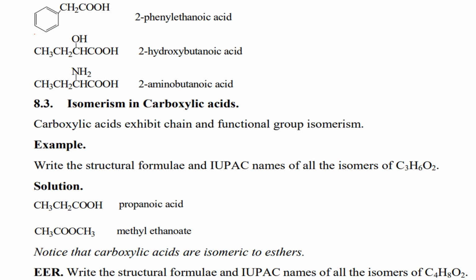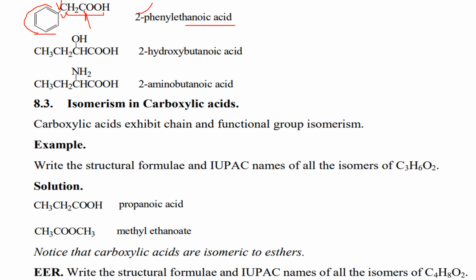Examples: this one has a benzene ring, which is a phenyl group, and what is attached to it is the ethanoic acid. So we call this one 2-phenylethanoic acid. This 2 shows that the phenyl group is on the second carbon atom, counting away from the carbon atom of the functional group.